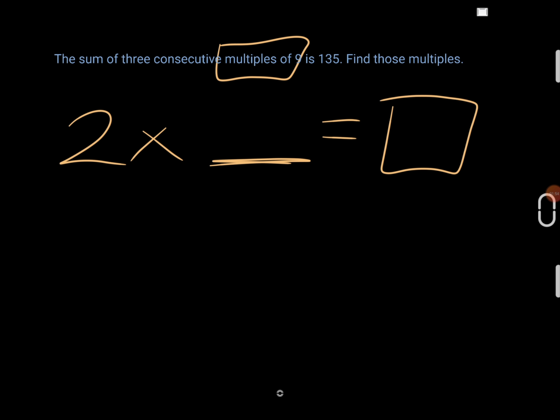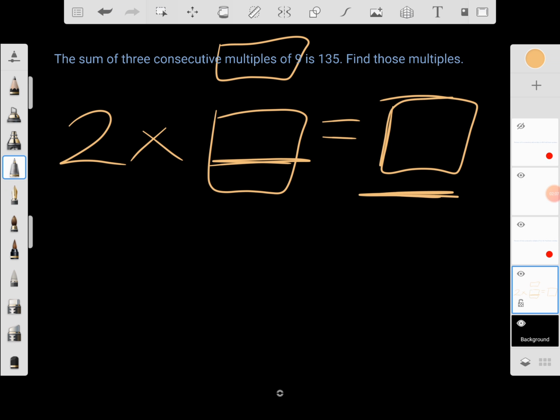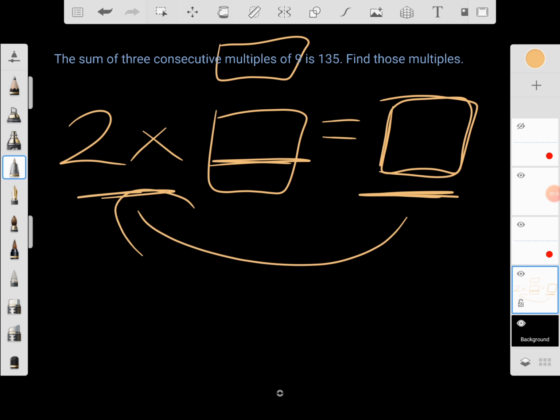For example, if I'm taking 2, I don't care at all what this number is. I can say this square is a multiple of 2 if it has 2 in it.